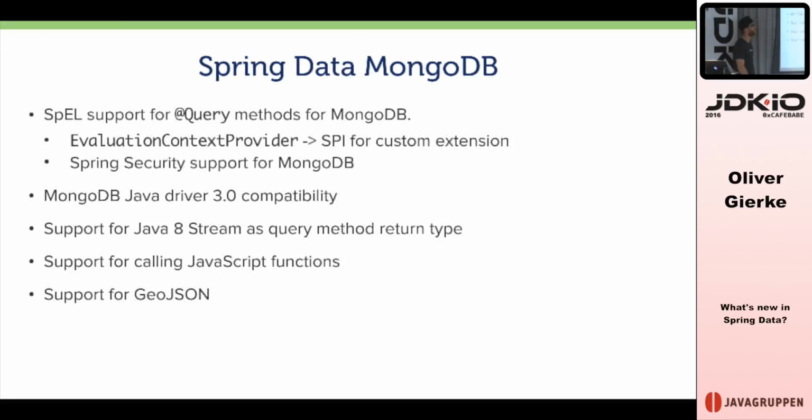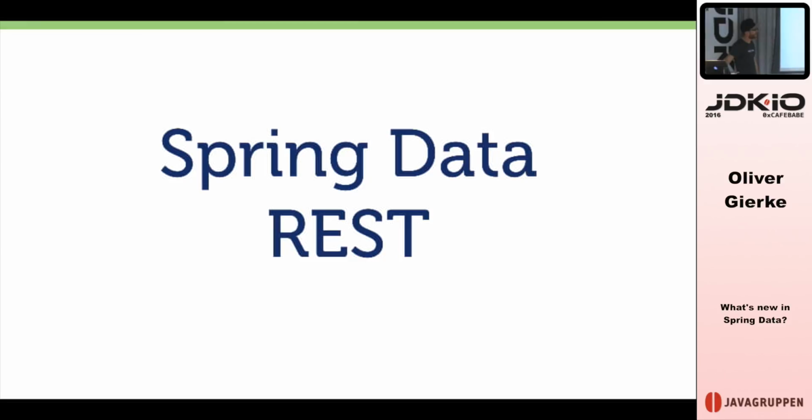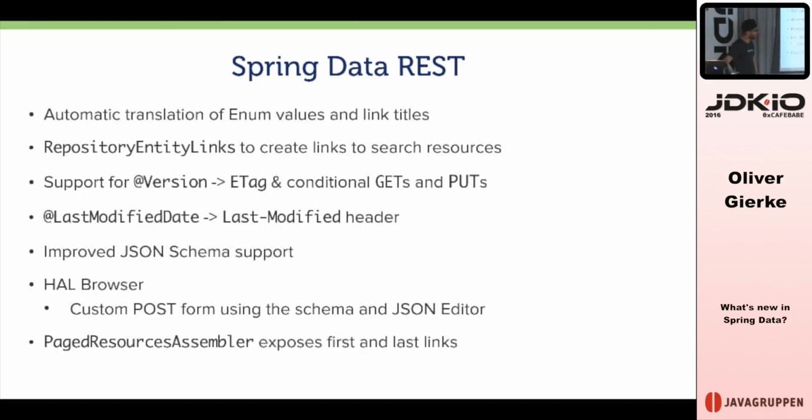So in case you want to do anything fancy with the queries, go with that. 3.0 driver compatibility: there are a couple of different things in the GeoJSON and JavaScript functions execution area, but we'll probably just skip that for now.